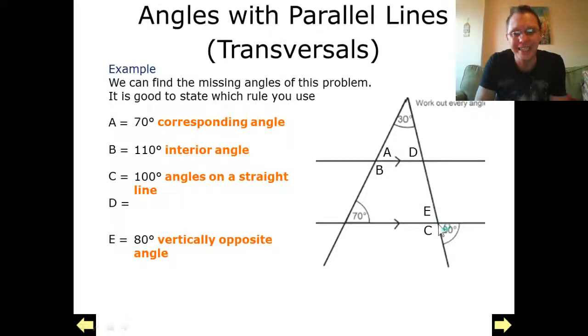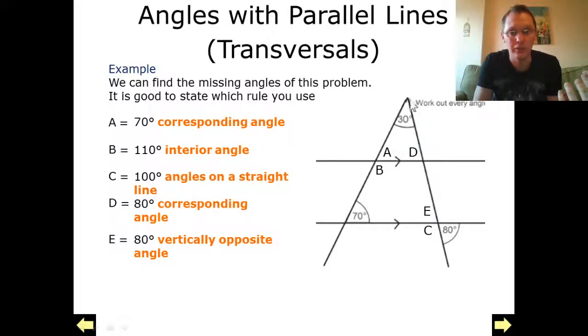Now I'm going to use E to calculate D by using corresponding angles, because here I have an F shape and inside the stems of my F shape, these two have got to be equal, so D has also got to be 80 degrees. So as you can see here, I worked from A to C, jumped to E to find my angle here, and then went back to work out what D is. Sometimes in these problems, you'll have to work out some other angles which aren't given to help you calculate the angle which is actually being asked for.